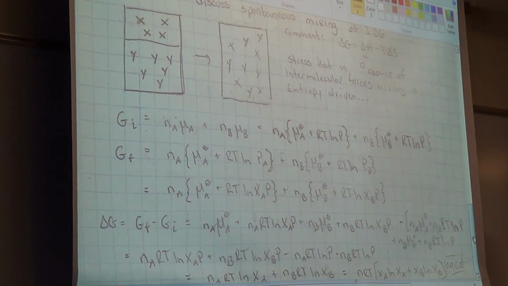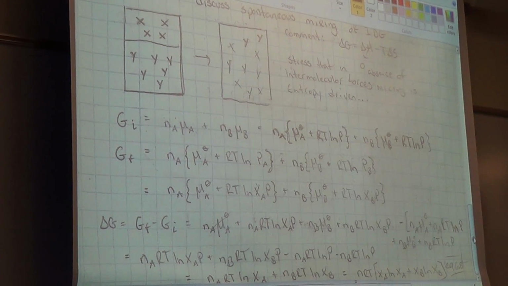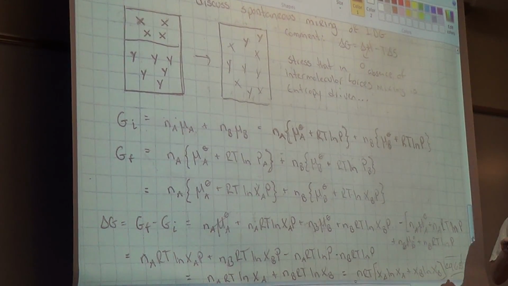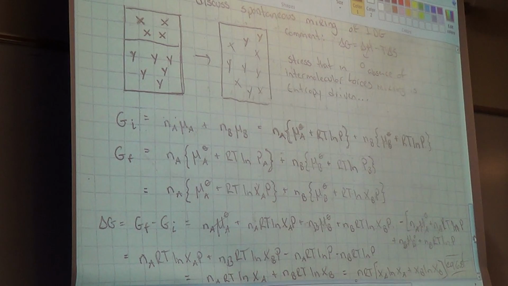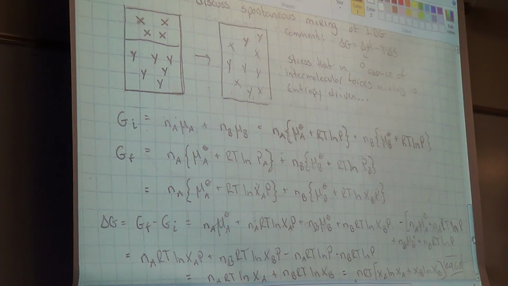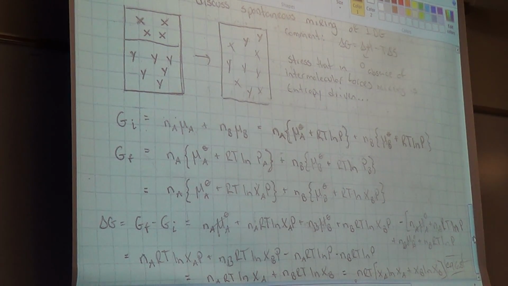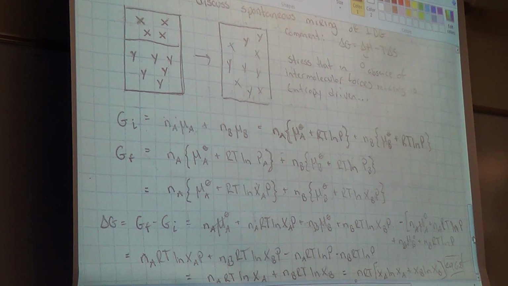The system that we've modeled here is an ideal gas system. The molecules, the particles, don't exert forces on each other because they're ideal gases. And so the delta G, which is equal to delta H minus T delta S, becomes a function only of the entropy change.